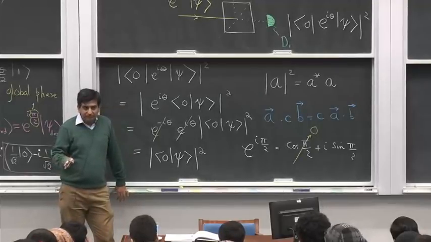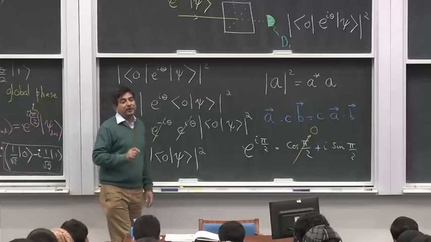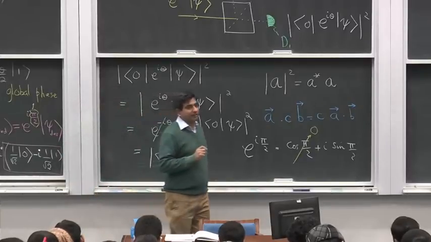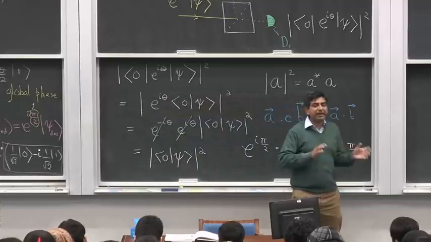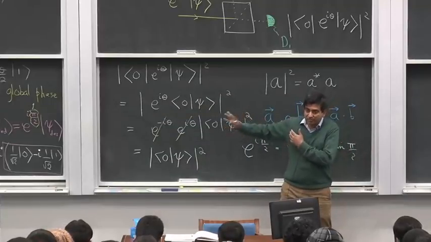Any questions? Now let's talk a little bit about quantum interference. We've talked a lot about interference, but let me bring interference into the picture now for a quantum computer.